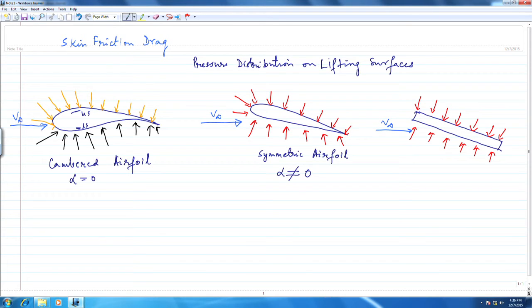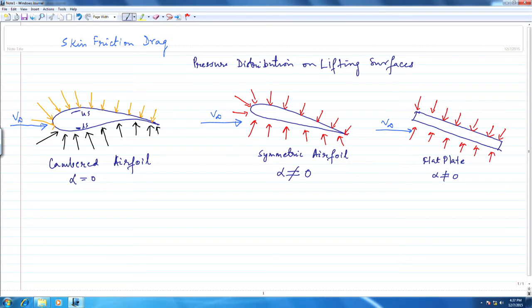How do we calculate the angle of attack? I think that's basics, but I will still talk about that here. So symmetric airfoil, alpha is not 0, and this is essentially a flat plate, and here too alpha is not 0.